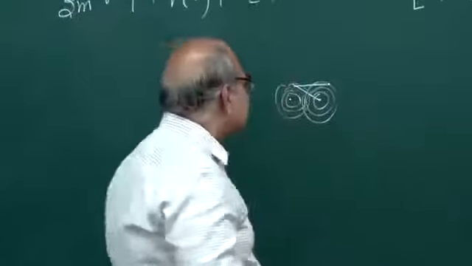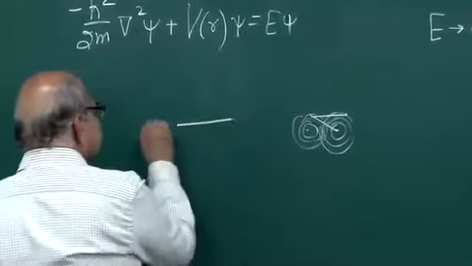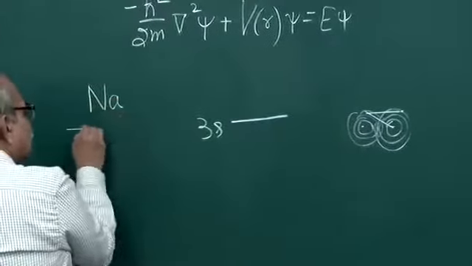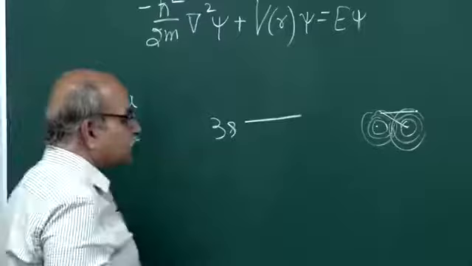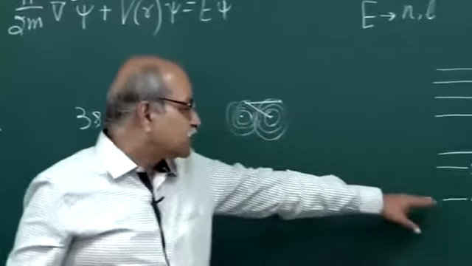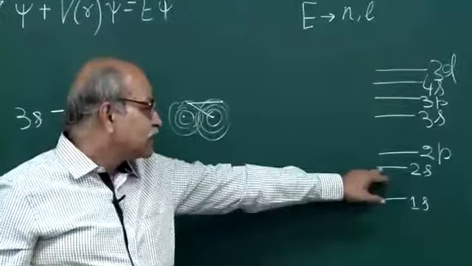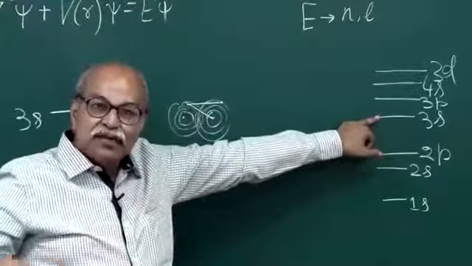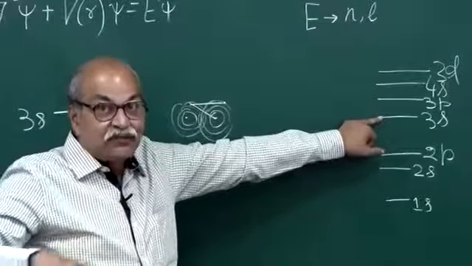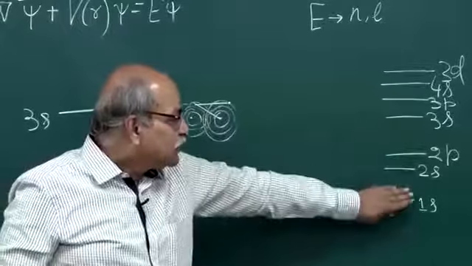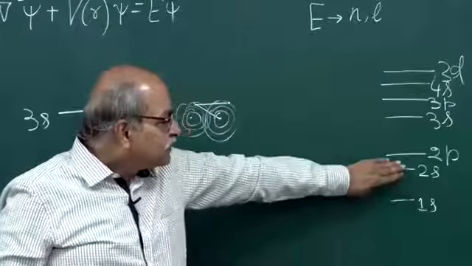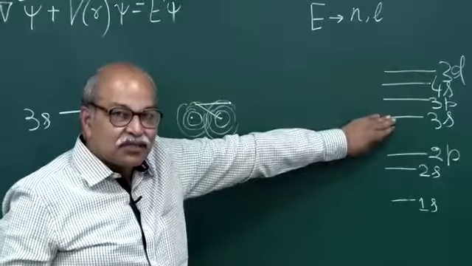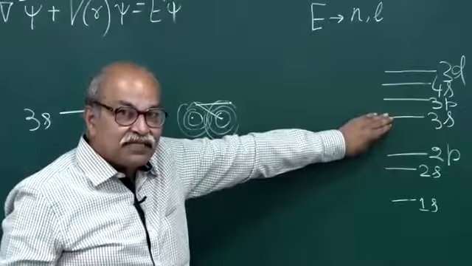So, if you have a sharp energy level, let us say this is 3s, and if I go for sodium where Z is 11, then you remember that 2 of the electrons will go here, 2 will go here, 6 will go here, and 1 will go here. And if you have a large number of sodium atoms as in a sodium vapor, then all these 2N quantum states will be full, this will be full, this will be full, and here you will have half the quantum states occupied by electrons and half empty.